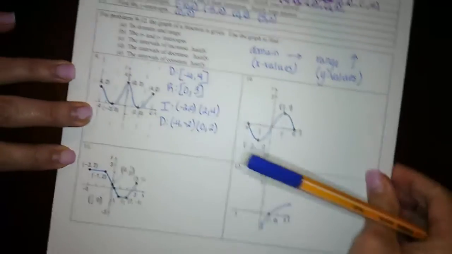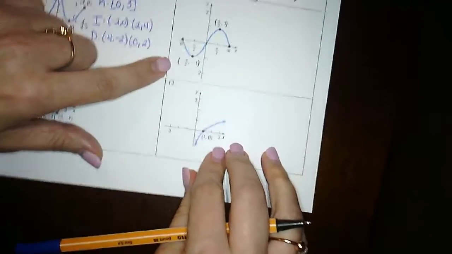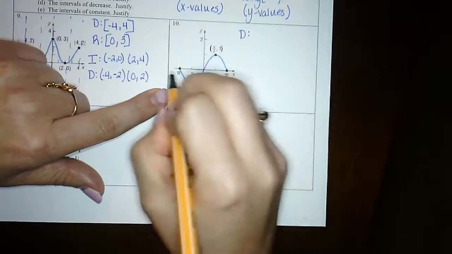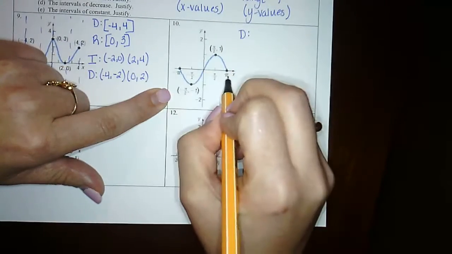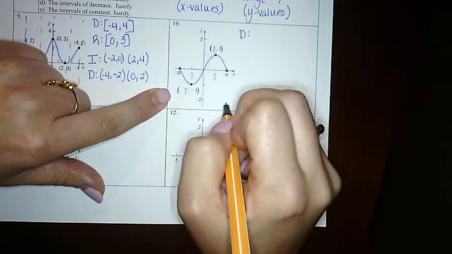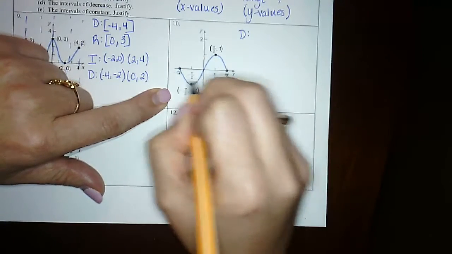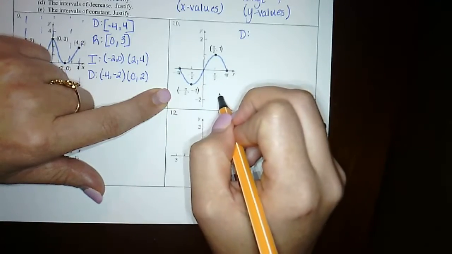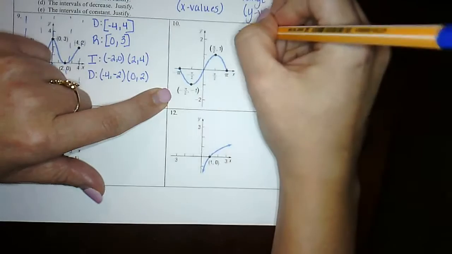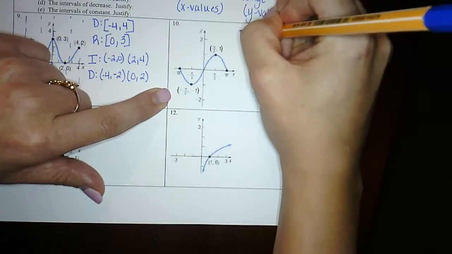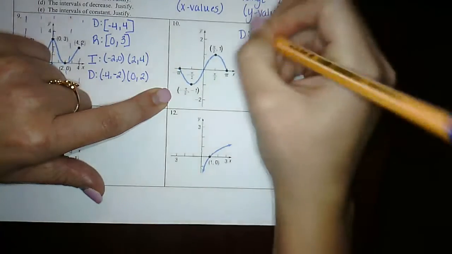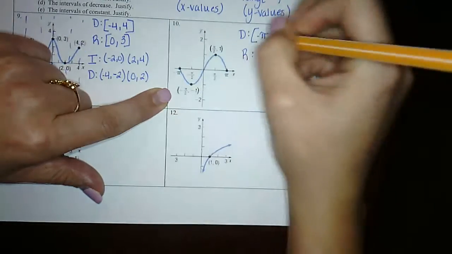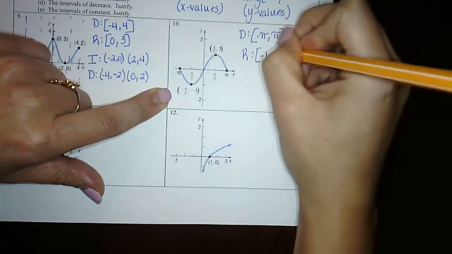All right, next one, number 10. Domain: left to right, x values. It goes from -pi to pi. This is a trig graph. We're going to look at this a little bit next week. You use radians, not degrees, when you're graphing those. So it's going from -pi to pi. Your range, the lowest value is -1, highest value is 1.